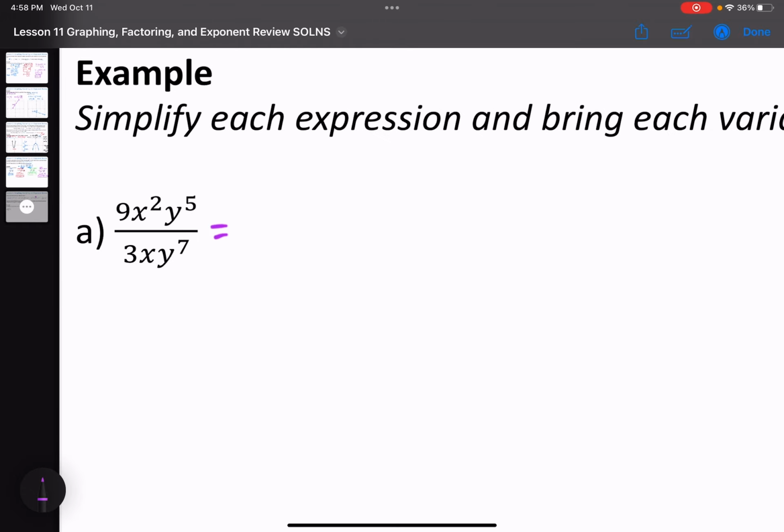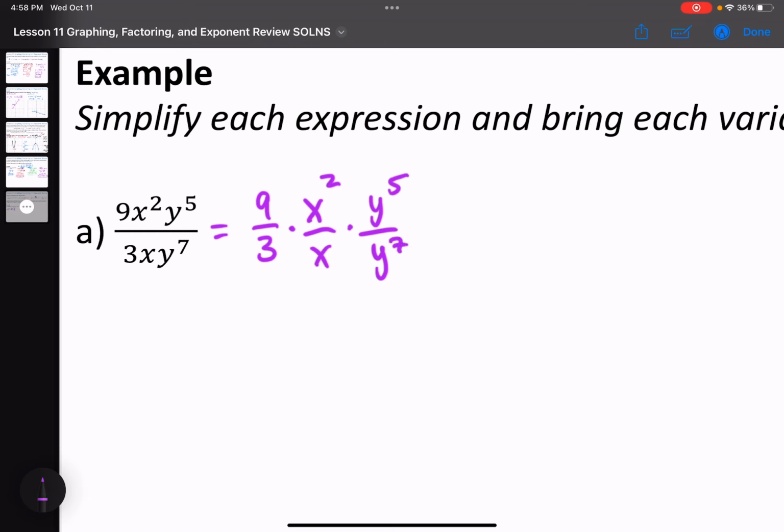One thing that I find helpful when I'm separating these problems is I can say this is the same thing as 9 over 3 times x squared over x times y to the 5th over y to the 7th.